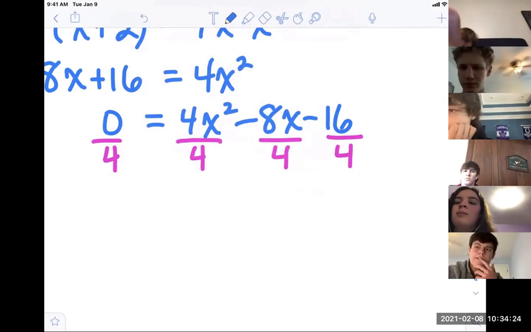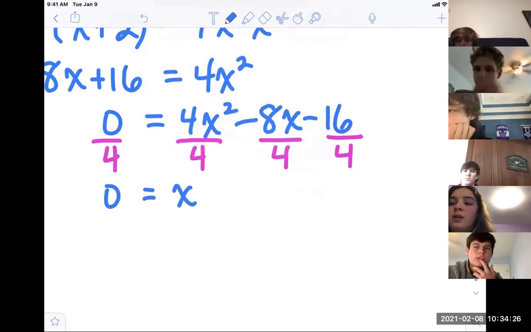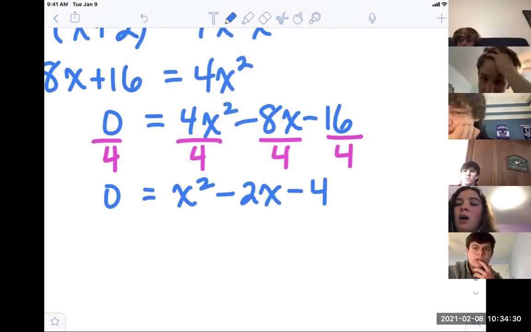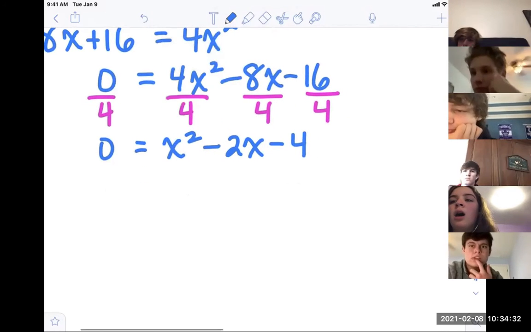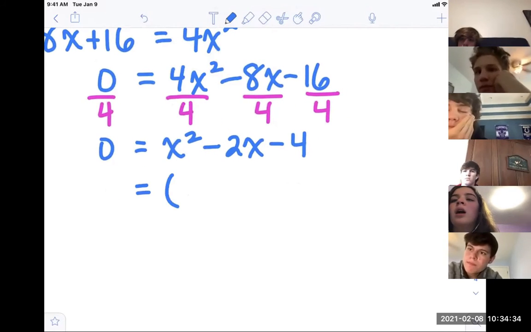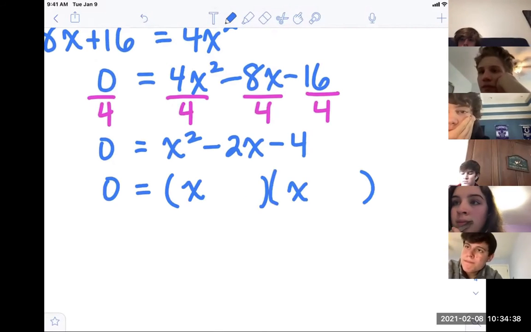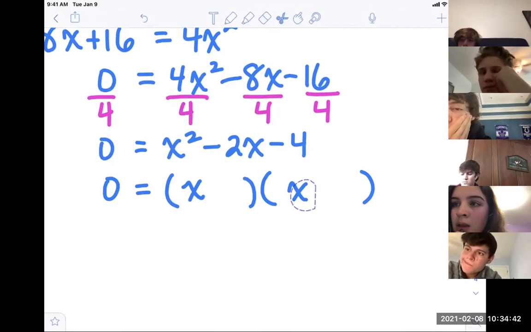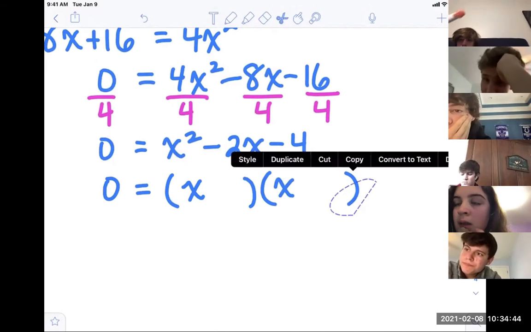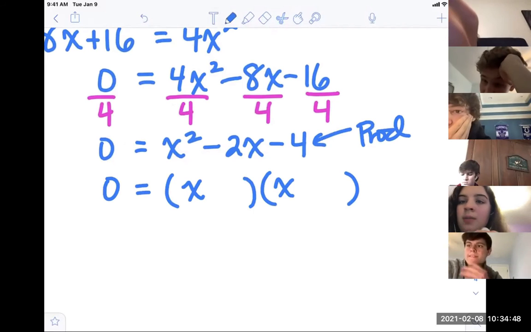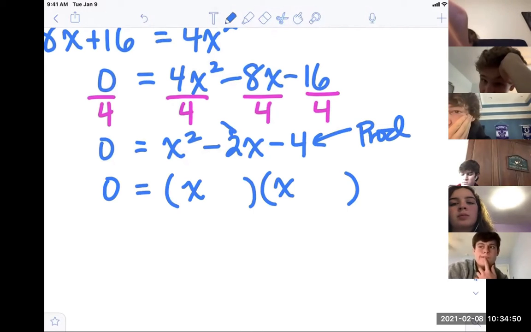Now 0 over 4 is still 0. But that's going to make it x squared minus 2x minus 4. Now, if you try to factor, we know we need x and x, and we would need two numbers. Remember that the last value is your product, so this would be the product of the two numbers you're going to fill in, and this is your sum.